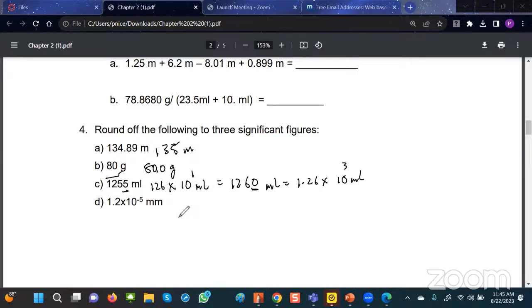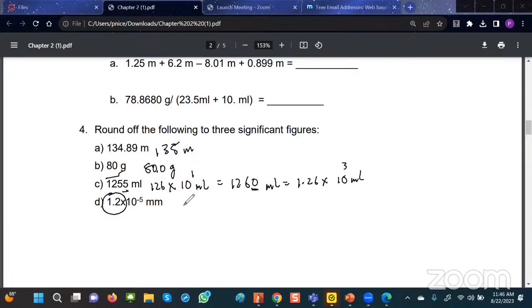1.2 times 10 to the minus 5, express it to 3 significant figures. Anybody? Now remember what I said earlier. Whenever you're dealing with significant figures and scientific notation, we only pay attention to the coefficient. All right?